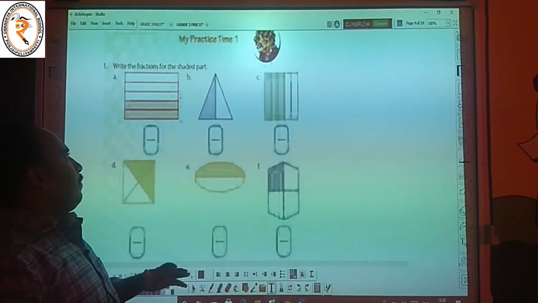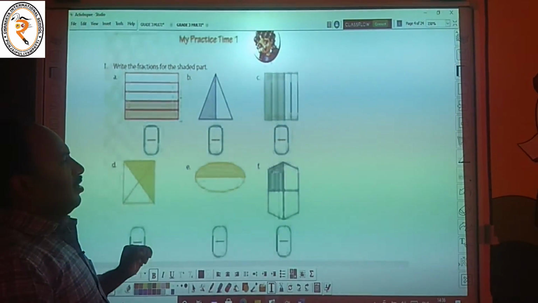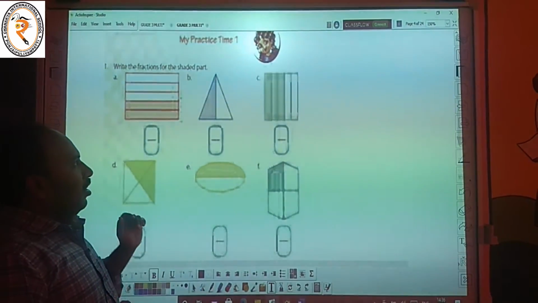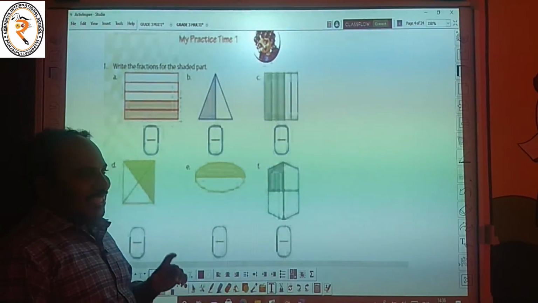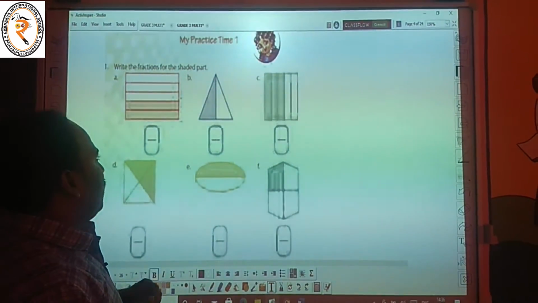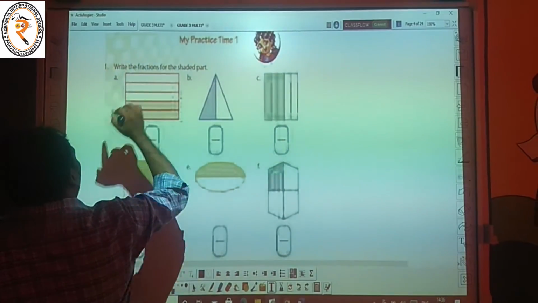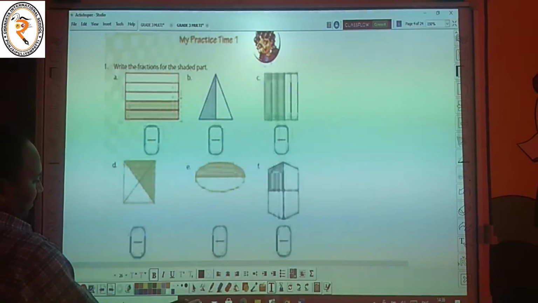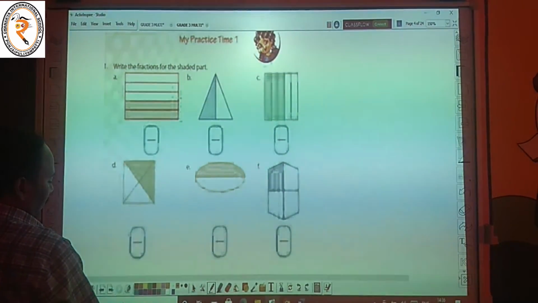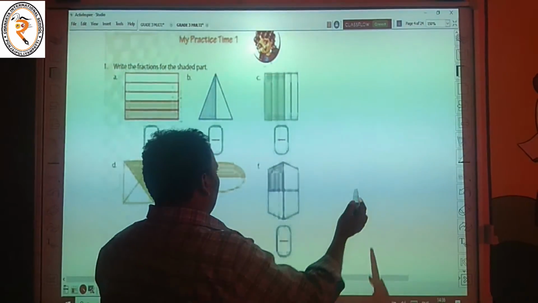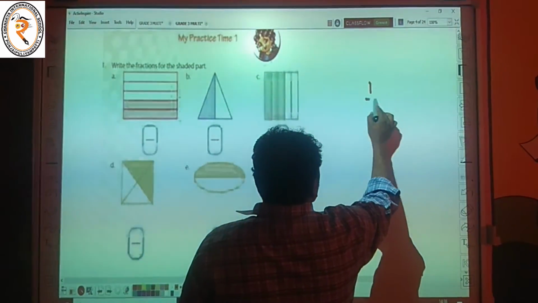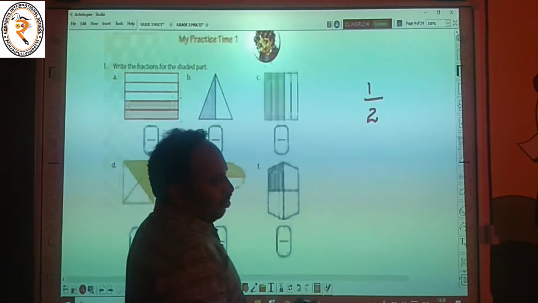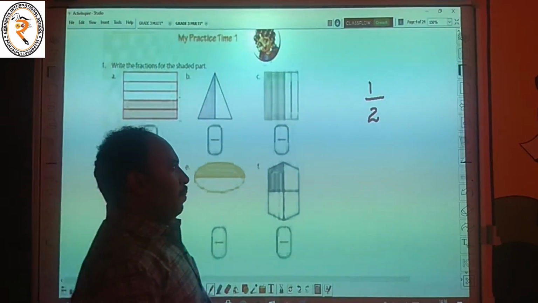So practice time 1. Write the fraction for the shaded part. So first, what is meant by fraction? Suppose we take 1 by 2. 1 by 2 is called the fraction.